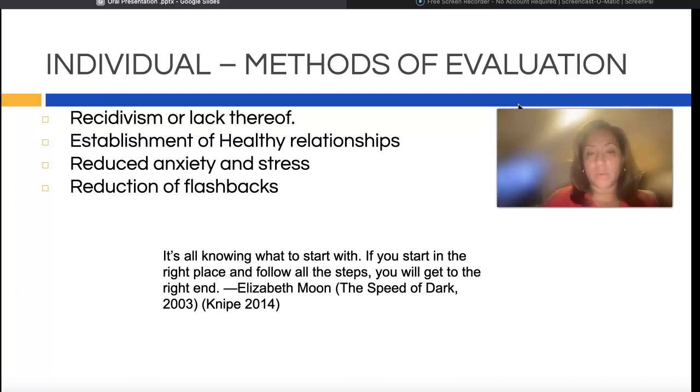I added a quote: "It's all knowing what to start with. If you start in the right place and follow all the steps, you will get to the right end." This is by Elizabeth Moon. It was in one of the EMDR books, and I thought it was significant because really, with EMDR, what I've learned, and we've learned through this process, is that you really have to start at the right place and follow the steps.